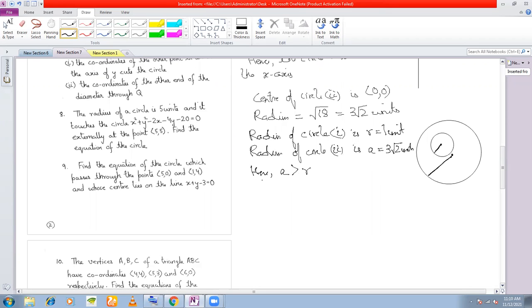So this means that the radius of the bigger circle is greater than this other circle. And what else can we show? Can you tell me what else to show? Apart from this, if one circle is inside the other, we have already stated that the radius of the bigger circle is greater than the smaller circle.